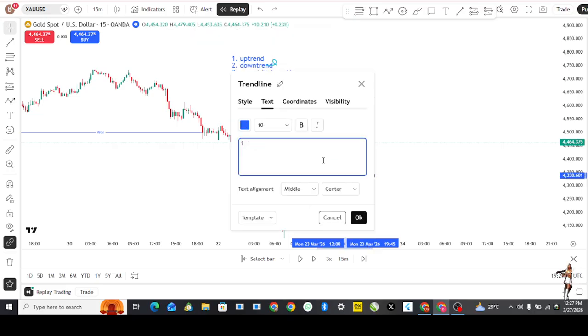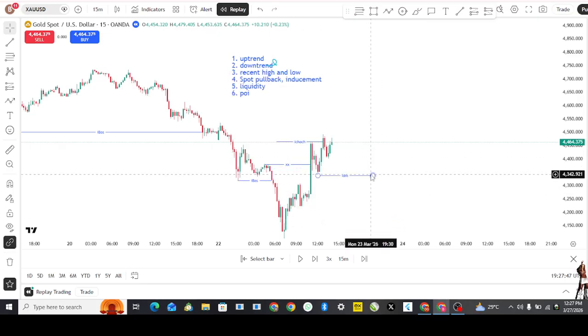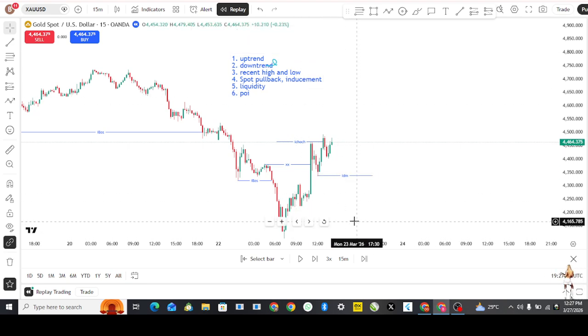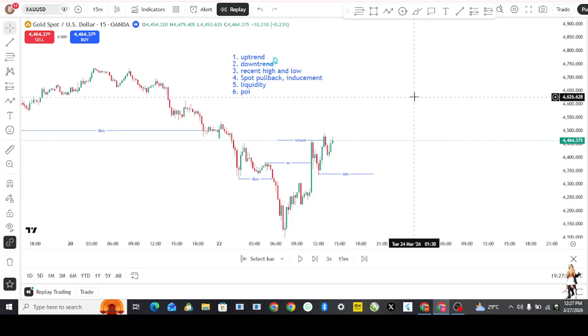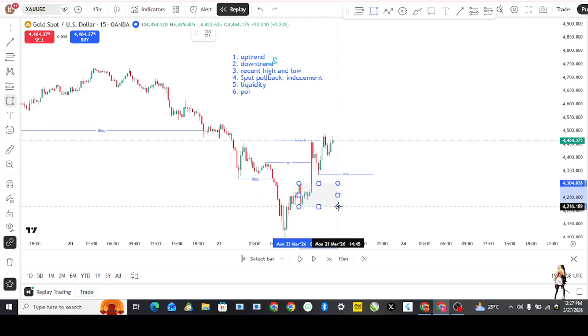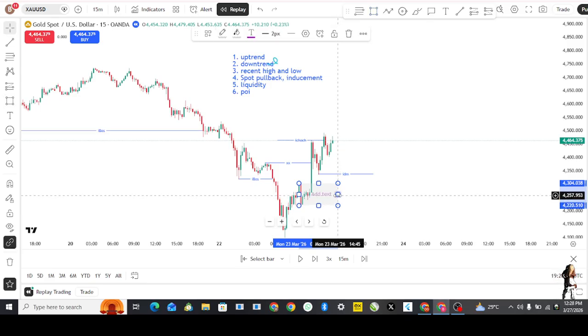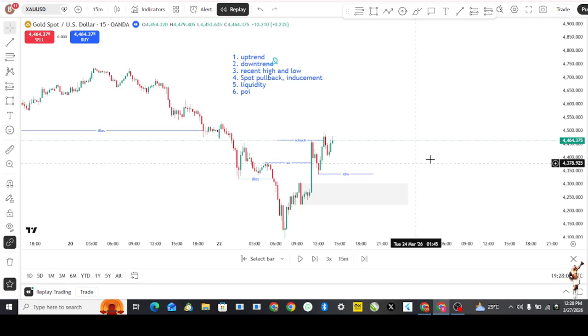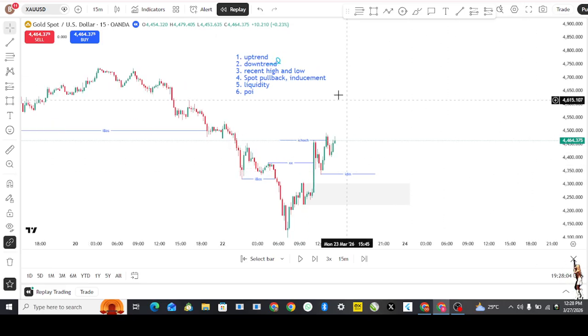Always mark your zone on the chart so that you will not get confused. Now what are we expecting? We are waiting for the market to take out the inducement. And where is our POI? This is our POI here. We have our valid POI at this zone.